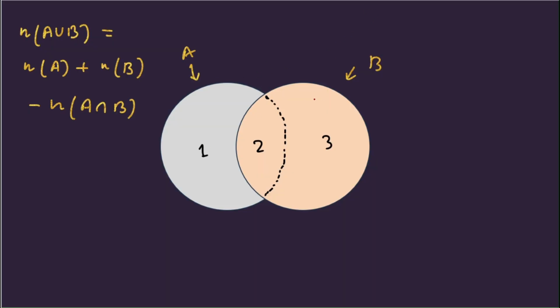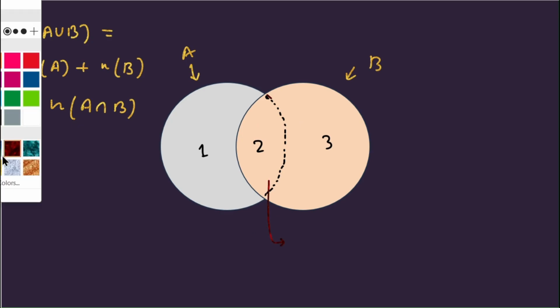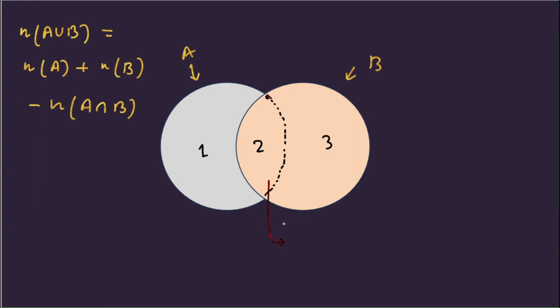Let's say we have 2 sets. We have set A, we have set B, and we have the intersection part. Let me change the color of the pen first. Yeah. So this part here, which is denoted by 2, this is actually my A intersection B. Can you tell me how we can represent this part 3 over here?